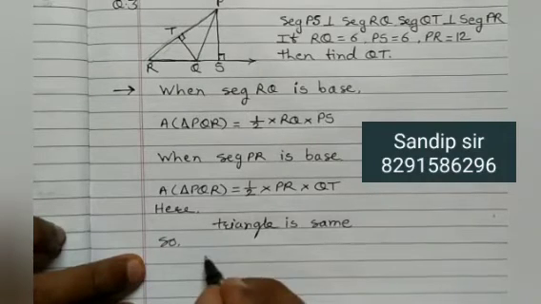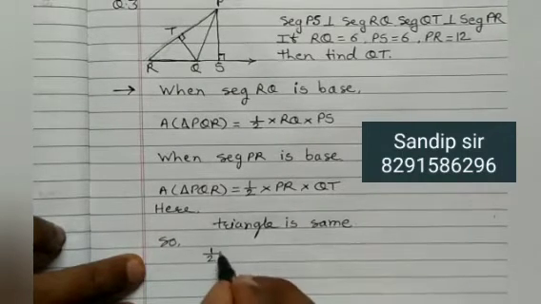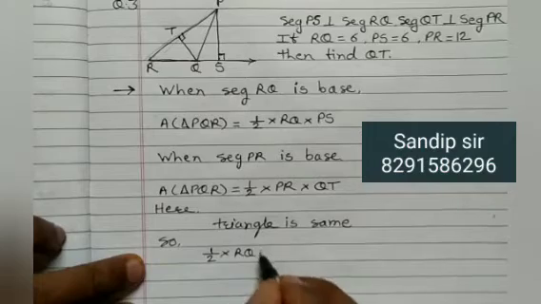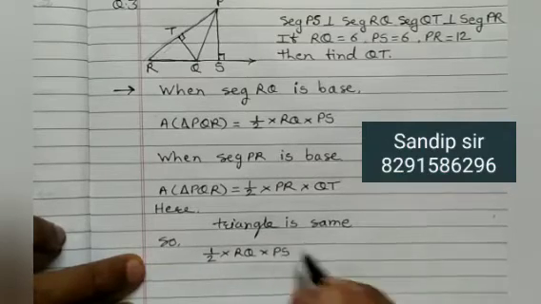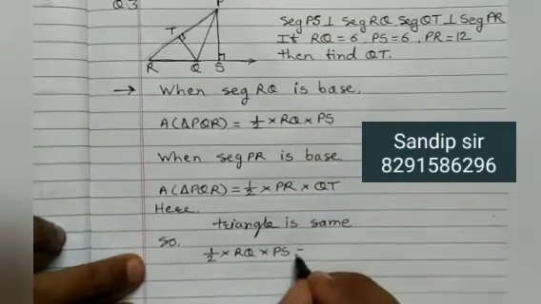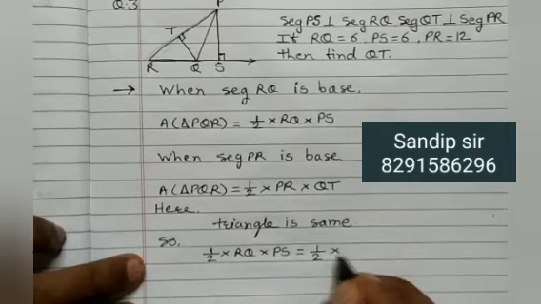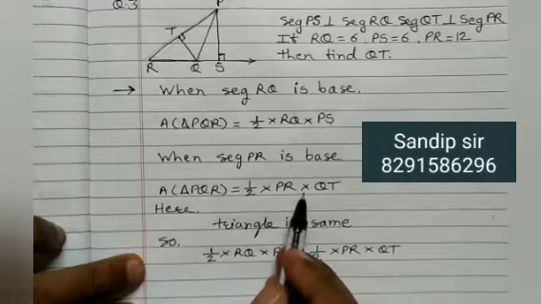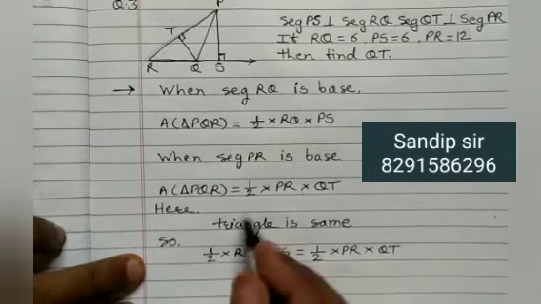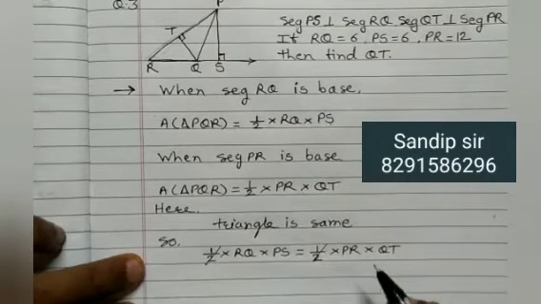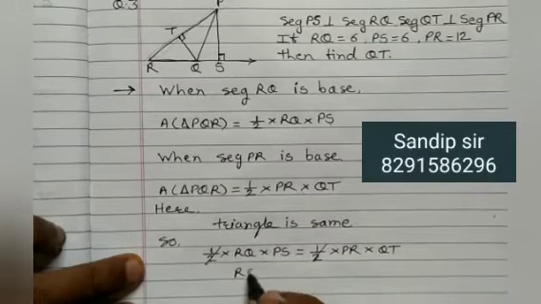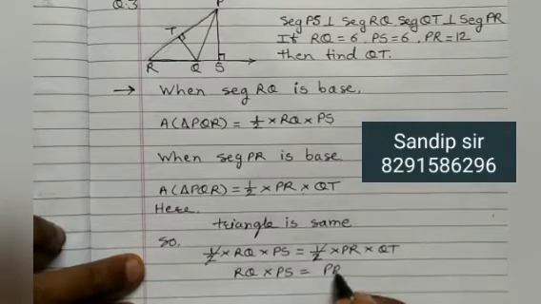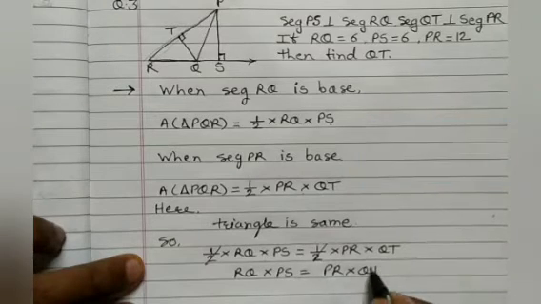So we get half into RQ into PS, the first area, is equal to half into PR into QT, the second area. Okay, now half cancelled. RQ into PS is equal to PR into QT.